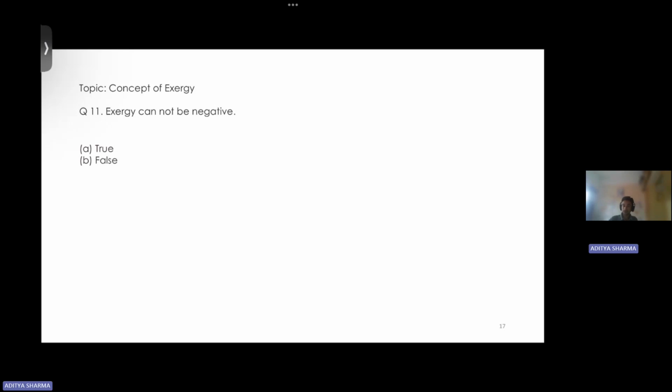And when our system reaches this dead state, it loses all its potential or exergy or maximum theoretical work, right? And that is its lowest ebb, right? Beyond that, it doesn't go, right?